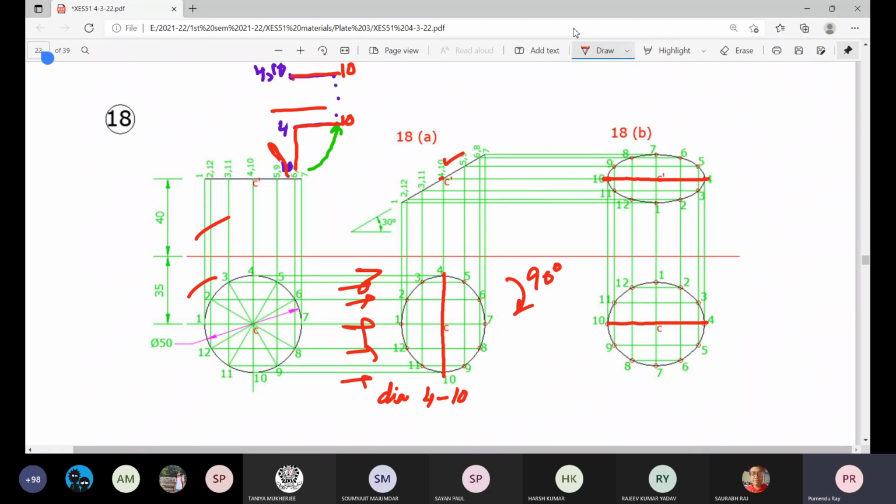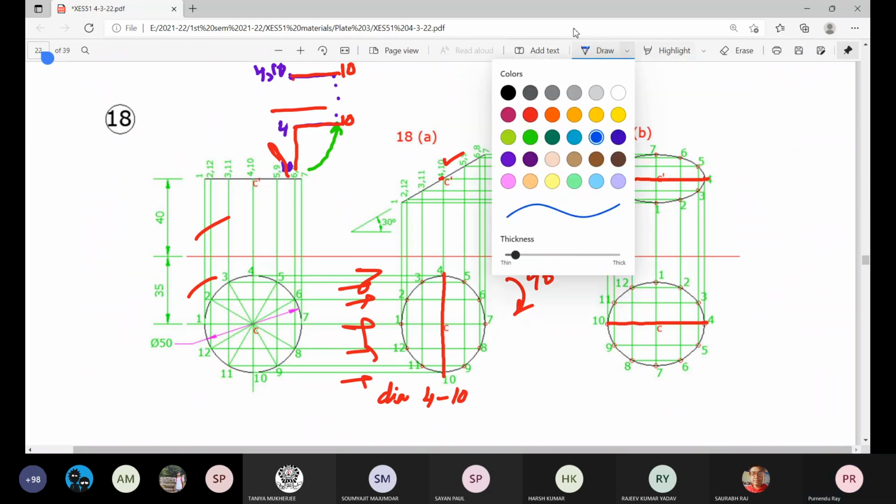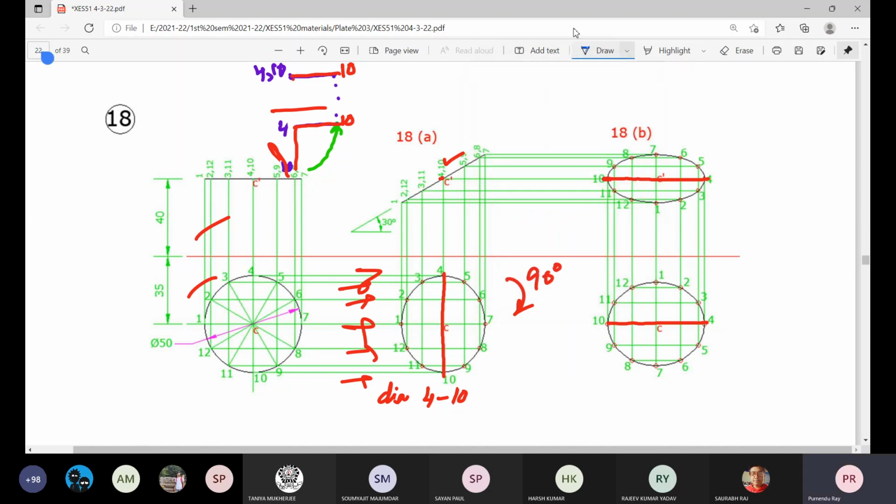So first thing, we draw these reference center lines, measure these distances. So draw this line 4-10, draw this line 1-7 with these distances plotted there.